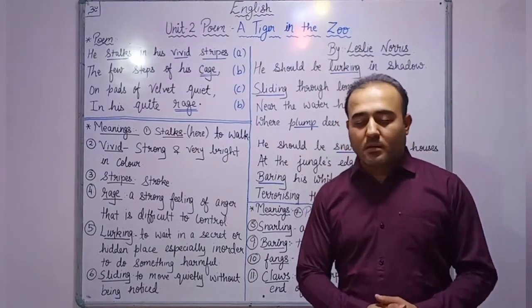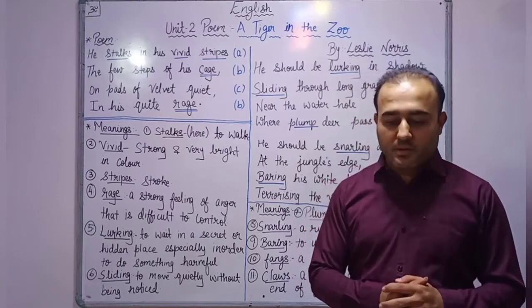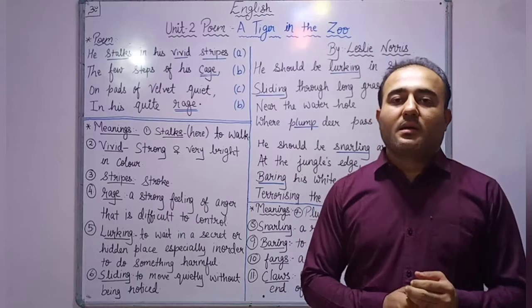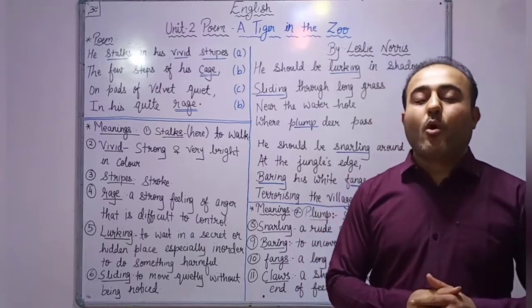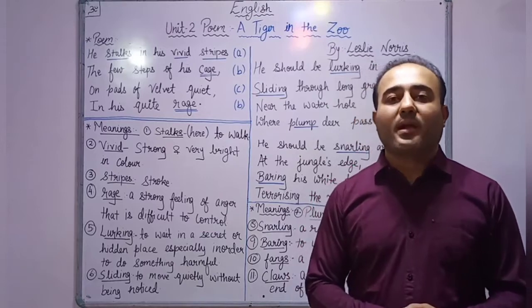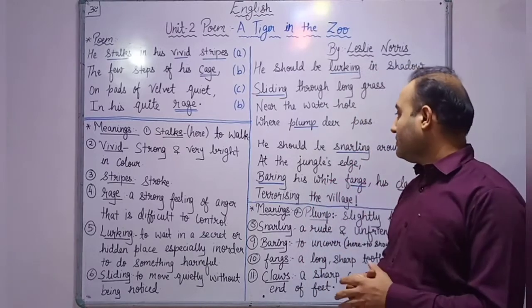So, in this third paragraph, the poet says that even though he prefers the tiger to live in the wild forest, he is worried about what will happen if the tiger doesn't find its prey in the forest or the jungle.